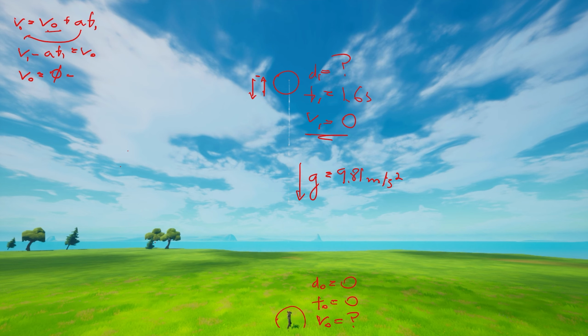Velocity at the ground equals 0, which is the velocity at the peak, minus acceleration. Now acceleration is actually a negative acceleration because it's acting in the opposite direction to the path of travel. So it's actually 0 minus negative 9.81 meters per second squared times time, which is 1.6 seconds.